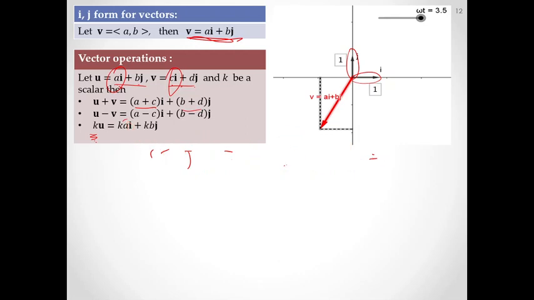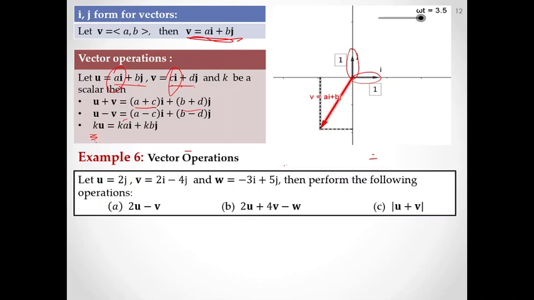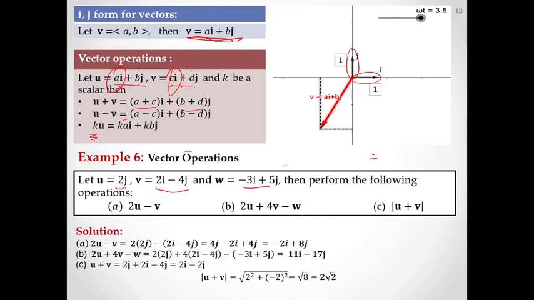Now let's look at the operations here. We can do the operations by using i and j. The vectors are given in terms of i and j, and we will perform the operations. Here you can check them, 2 times u, and then v. Be careful, minus 2i, and minus minus will be plus.